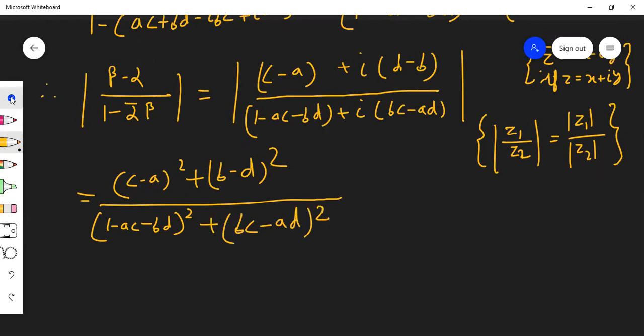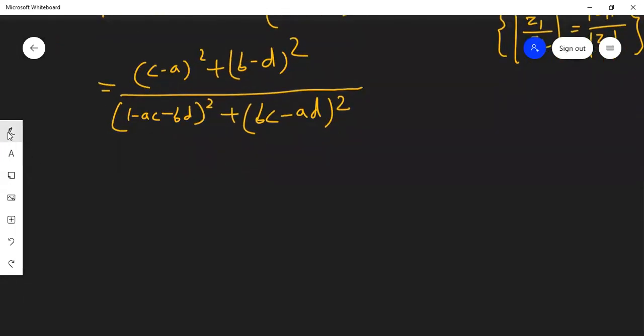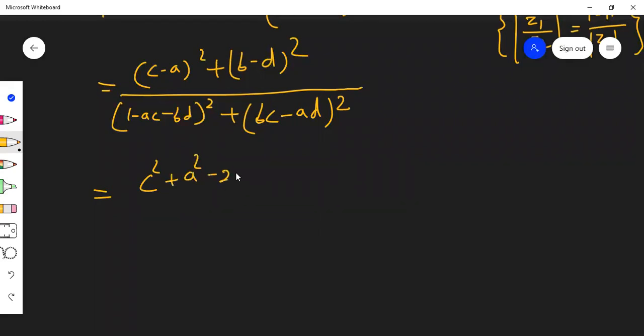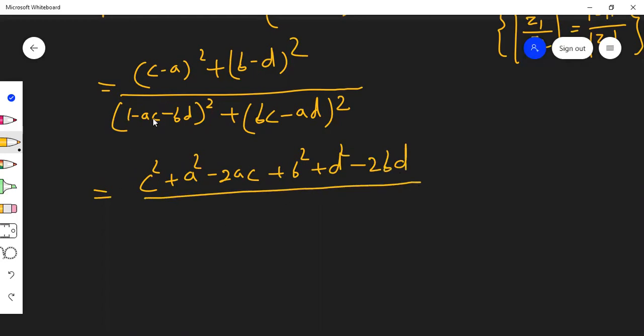Now it's a simple calculation. So the quantity comes out to be c squared plus a squared minus 2ac plus b squared plus d squared minus 2bd, divided by, this is now a whole square thing, we can use that formula, which will be 1 plus a squared c squared plus b squared d squared minus 2ac minus 2bd plus 2abcd.